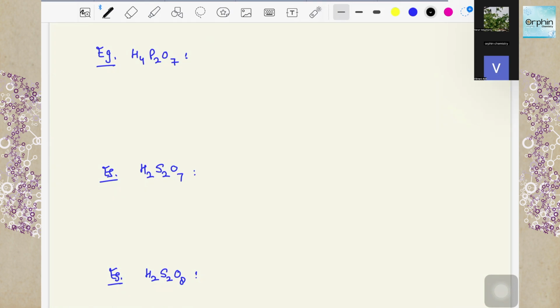Okay. So first we'll be finding the oxidation state, which is coming as +5, right? So it is +5, which means it is equal to maximum. So we'll be having oxy linkage like this. P double bond O we have to make, and then 4 oxygens and 4 hydrogens are there.